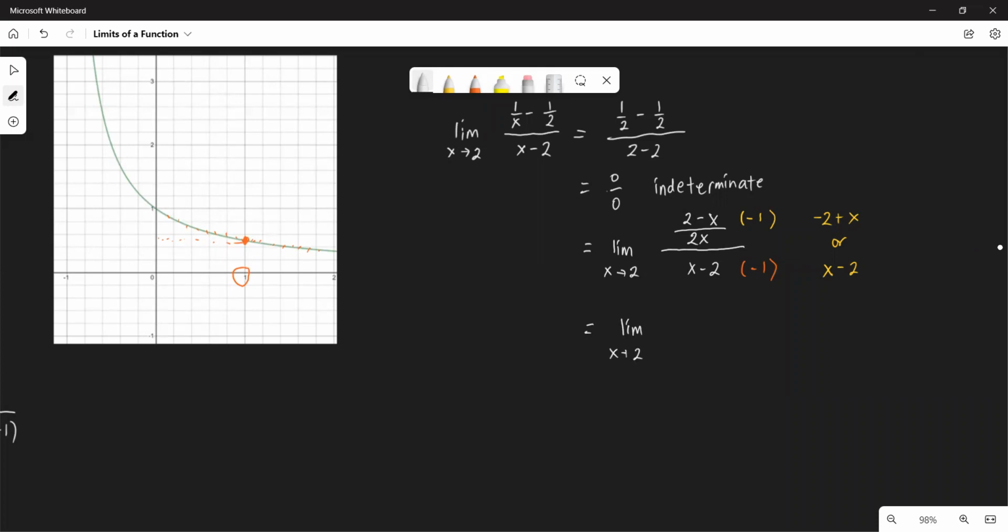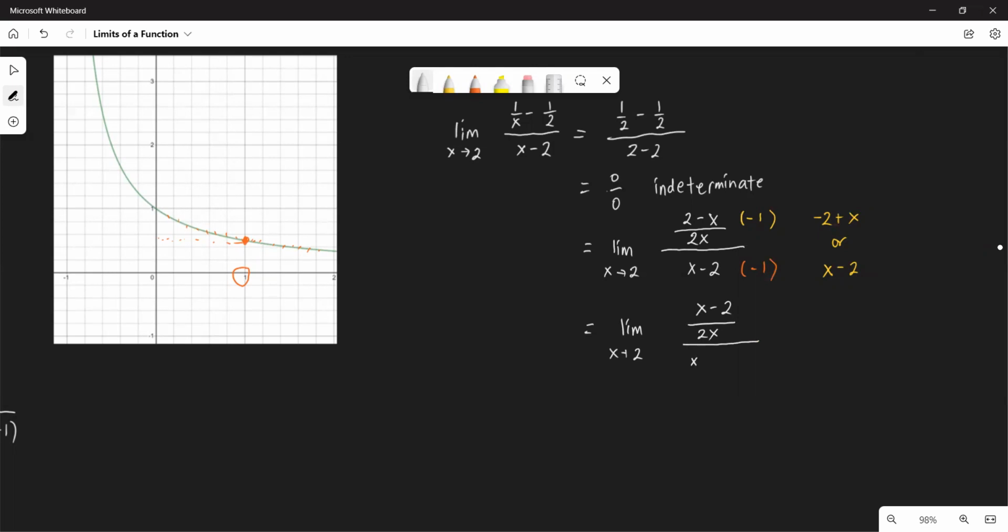Okay, so we can write the x minus 2 over 2x, and then all over x minus 2, and then times negative 1.